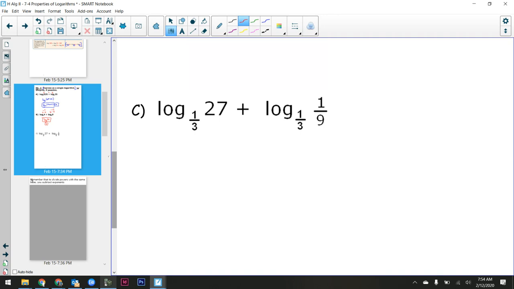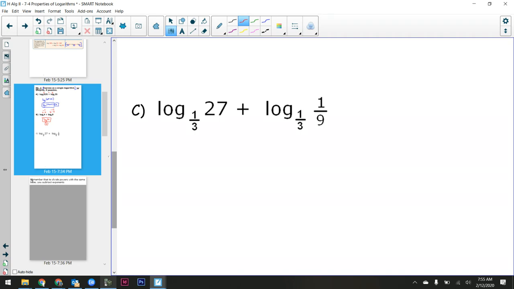Go ahead and try that one. Okay, what is it as a single logarithm?